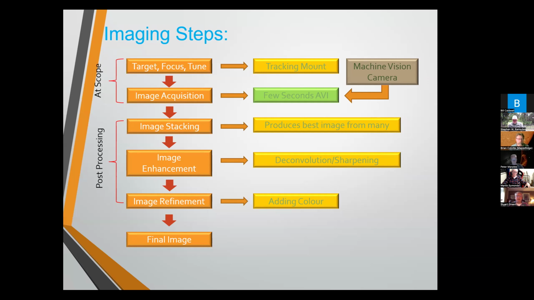Then there's image enhancement, which is deconvolution and sharpening. So we'll talk about software to do that. And then what I've called image refinement, which could be a little bit more sharpening using different software, adding color, or otherwise just refining the image to produce an overall final image.